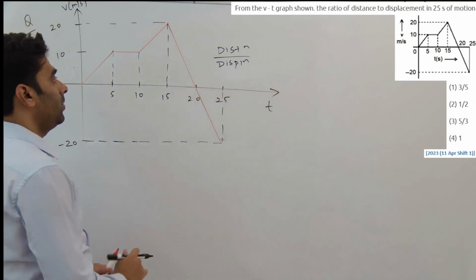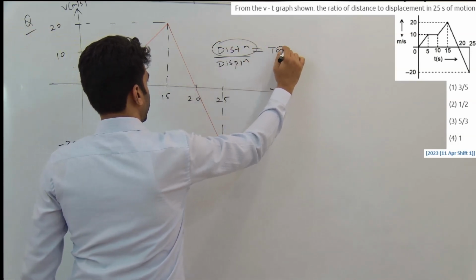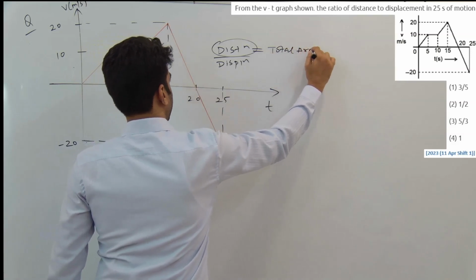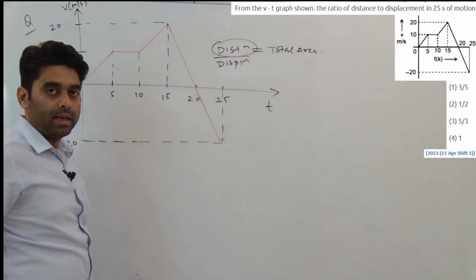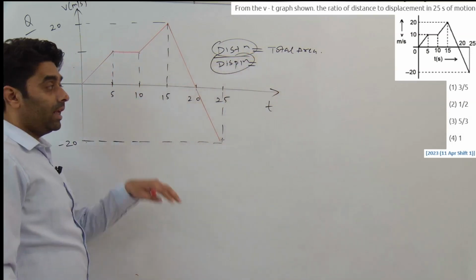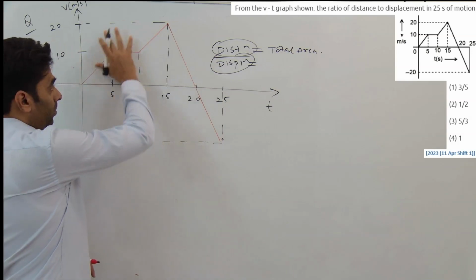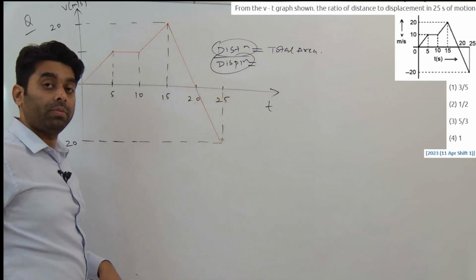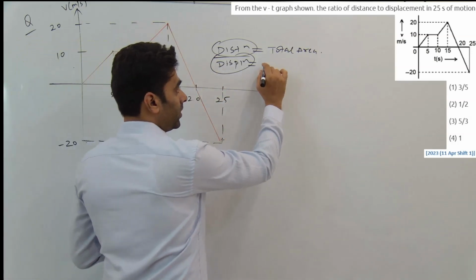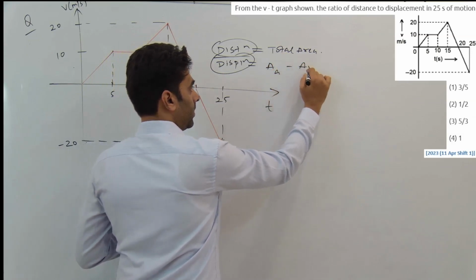We know that distance in a velocity time graph is the total area above plus area below, whereas displacement is area above minus area below, because in the velocity time graph this is positive displacement and this is negative displacement. So displacement from the velocity time graph is area above minus area below.